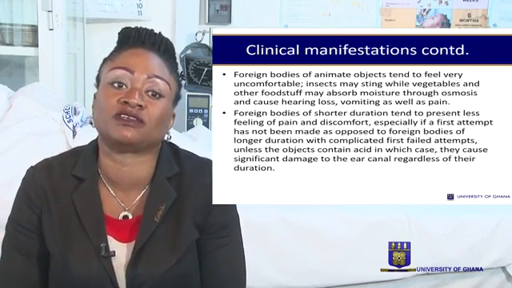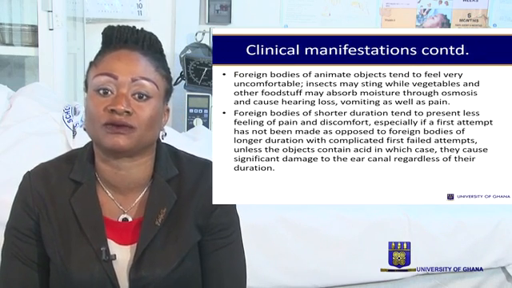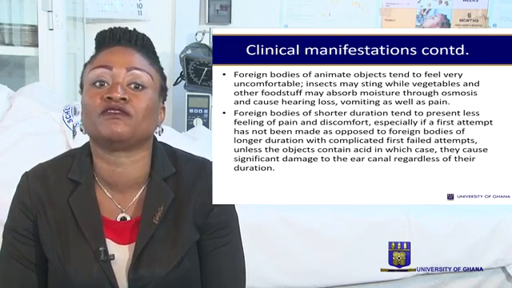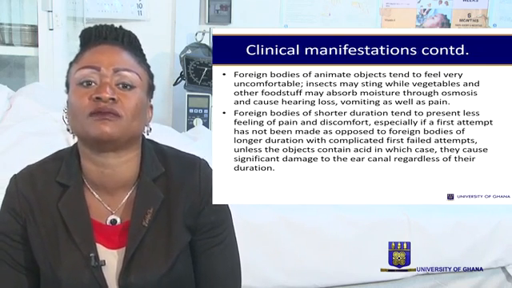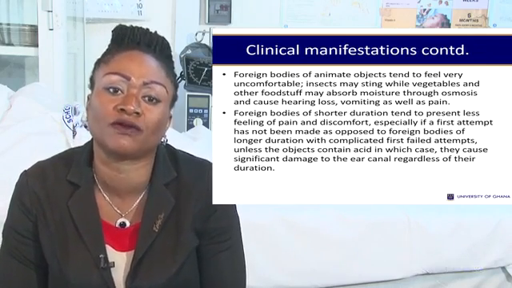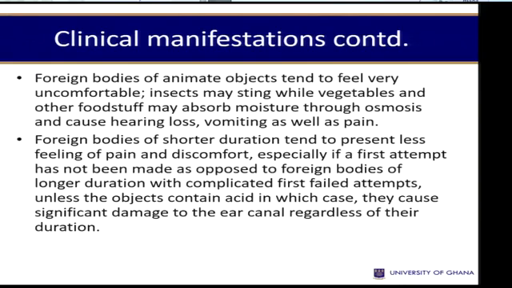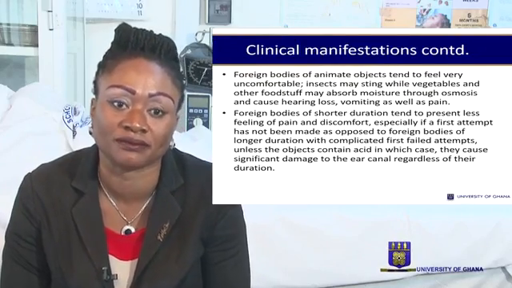So clinical manifestations include foreign bodies of animate objects, which tend to feel very uncomfortable. Insects may sting, while vegetables and other foodstuffs may absorb moisture through osmosis and then cause hearing loss. Vomiting as well as pain may also occur.